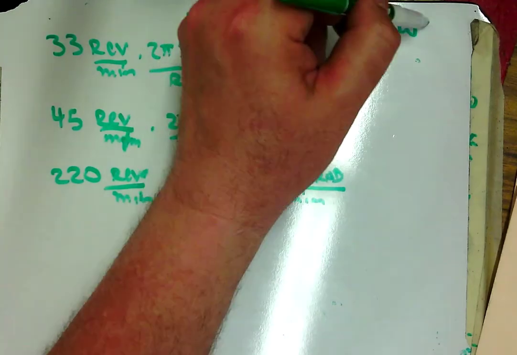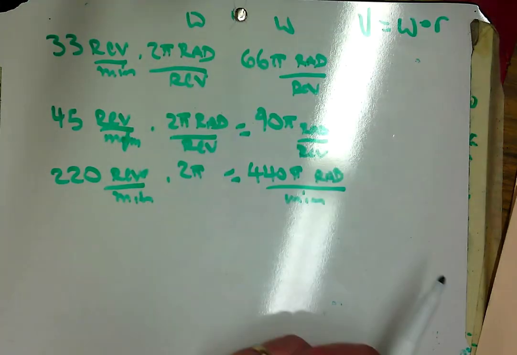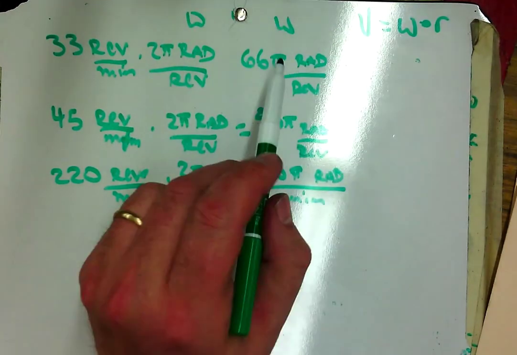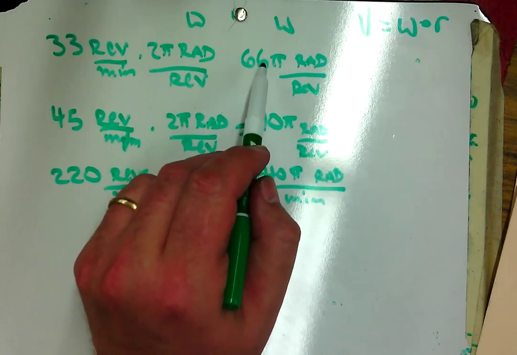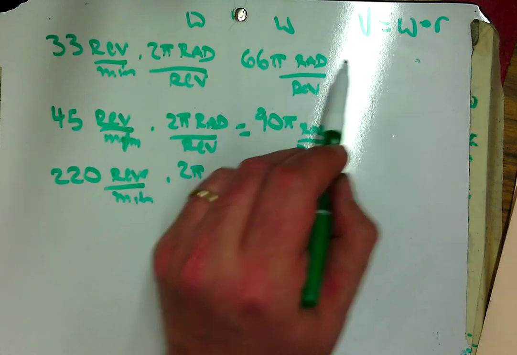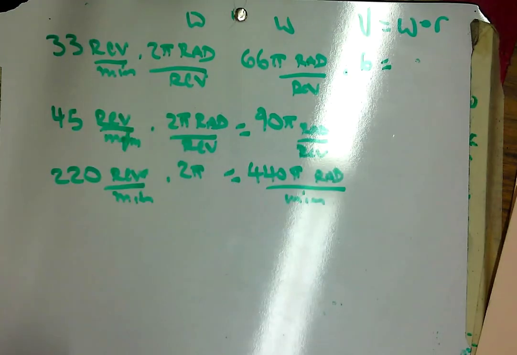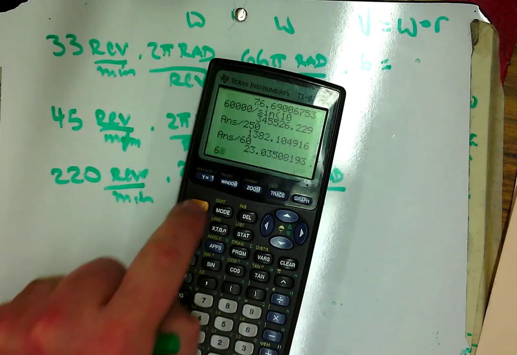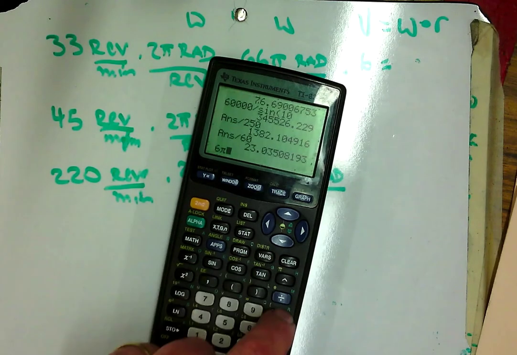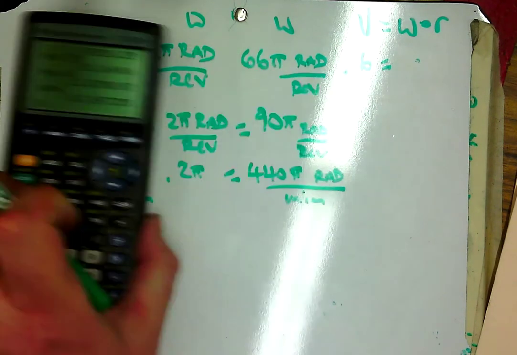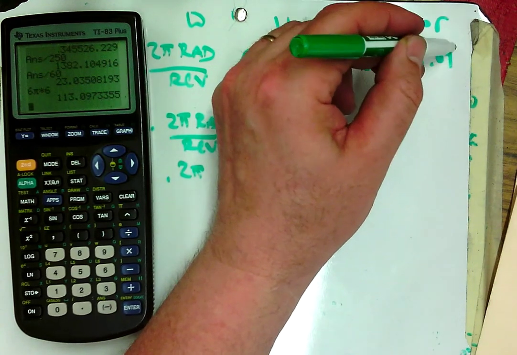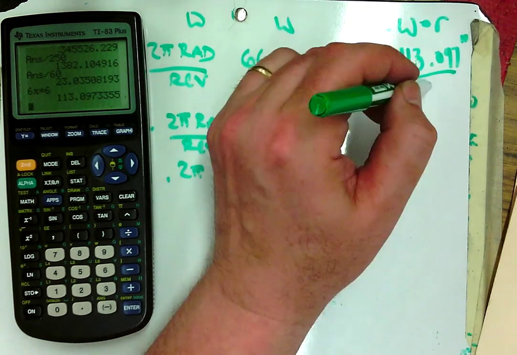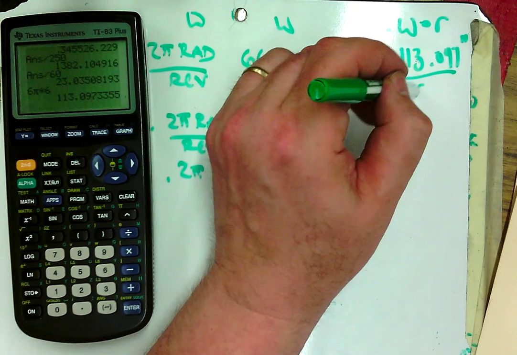Remember, linear velocity is angular velocity times radius. So I have to multiply this by the radius of the LP. The diameter of the LP was 12 inches, so the radius is 6. So I need 66 pi times 6, and I get 113.097 inches per minute.